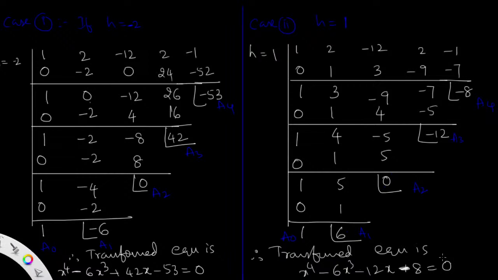So both equations eliminate the third term: h equal to minus 2 gives this equation, and h equal to 1 gives this equation. These two equations are the transformations of the given equation that eliminate the third highest term. And then go to the next question.